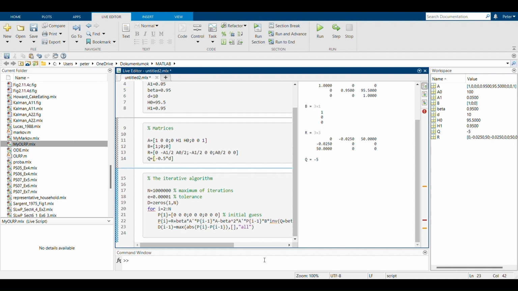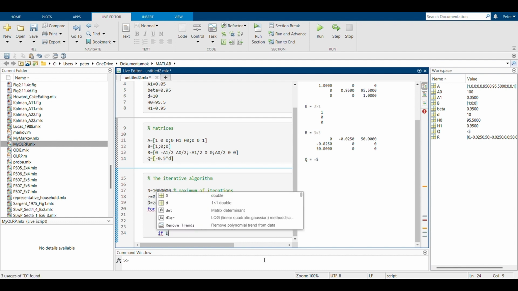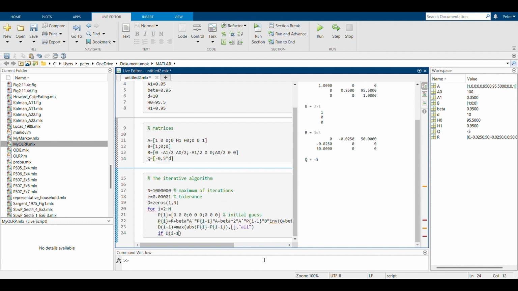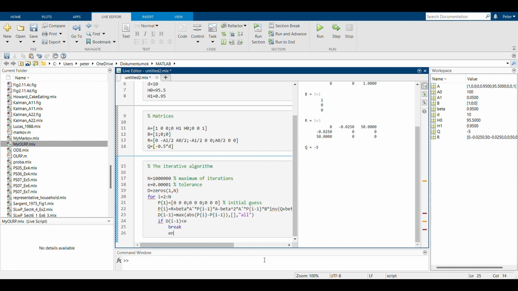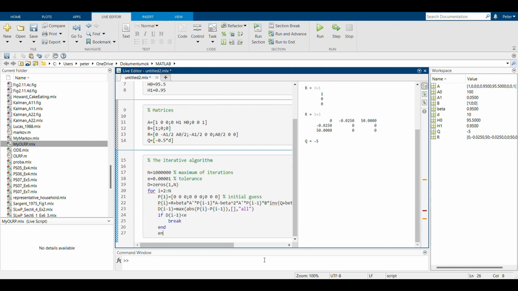And we will give an order to Matlab to stop when the difference falls below this threshold. Okay, hopefully it is going to work.